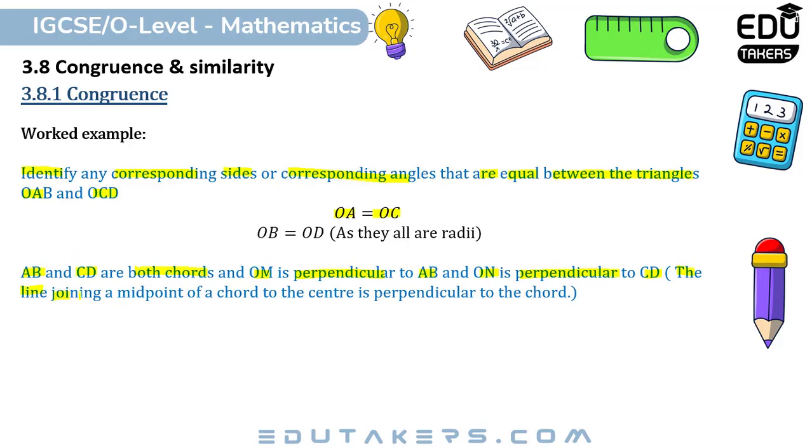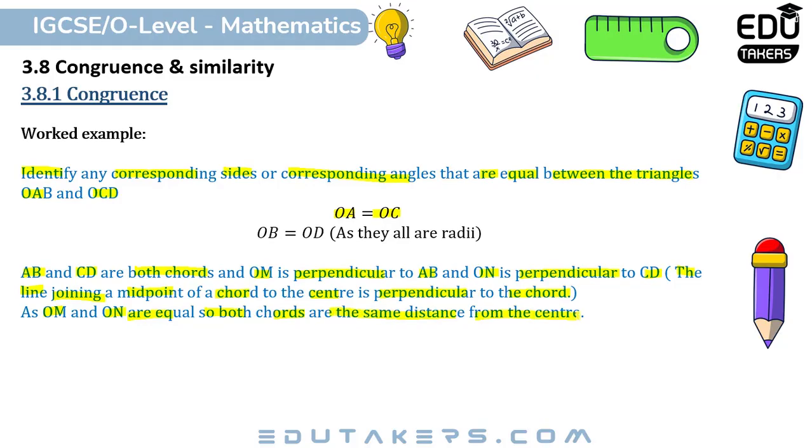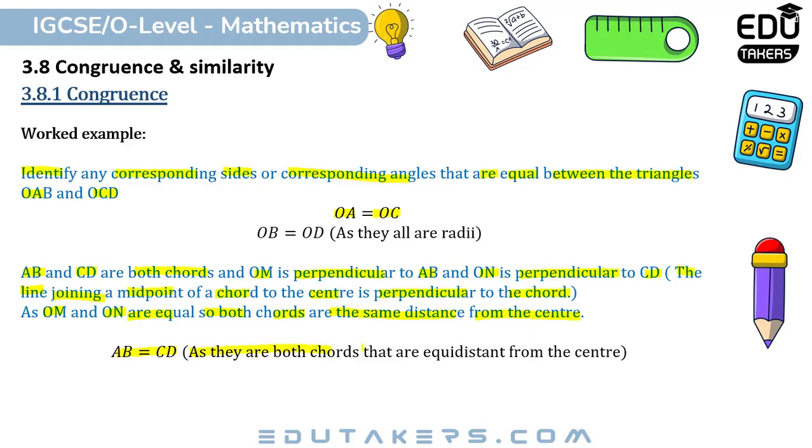The line joining the midpoint of a chord to the center is perpendicular to the chord. As OM and ON are equal, both chords are the same distance from the center. So AB equals CD, as they are both chords that are equidistant from the center. So all three sides of both triangles are equal. So OAB is congruent to OCD by side-side-side.